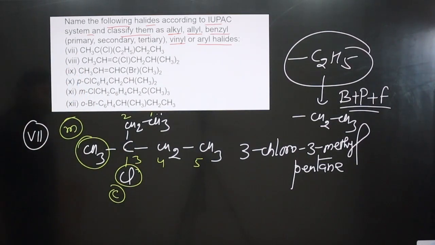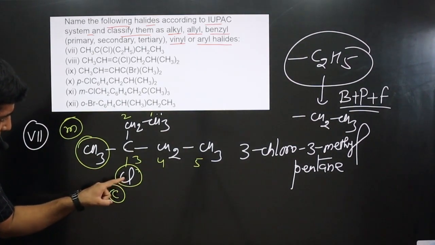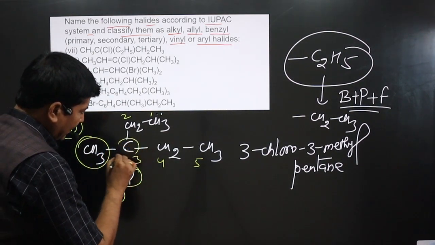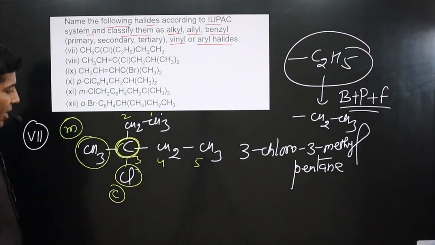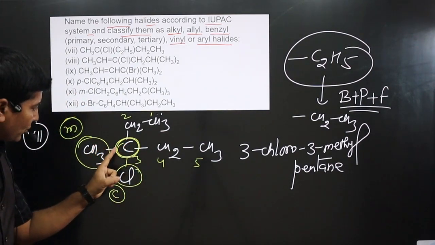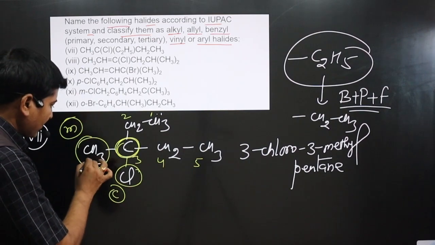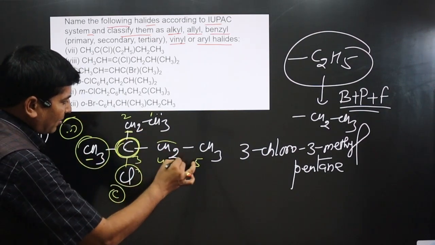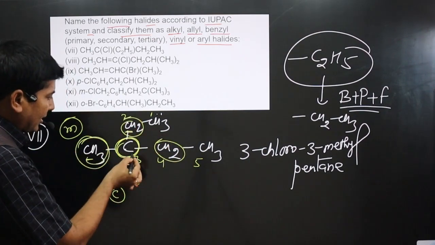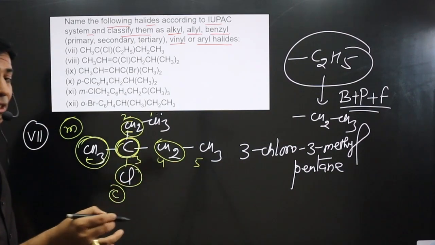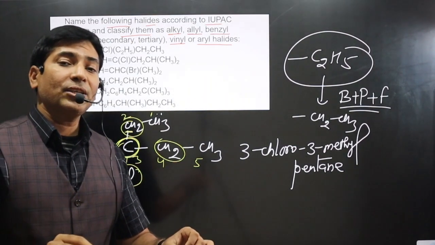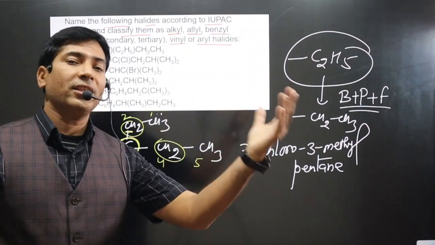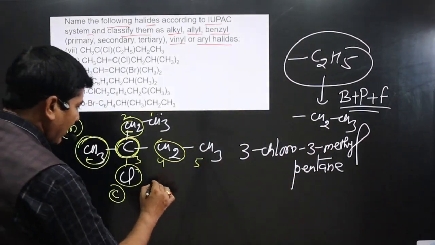And now we have to classify. So look at the environment of this Cl. Cl is attached to this carbon, and this carbon is connected to 3 other carbons. This is the first carbon, this is the second carbon, and this is the third carbon. So Cl is attached to a carbon which is connected to 3 other carbons, then it is a tertiary alkyl halide.